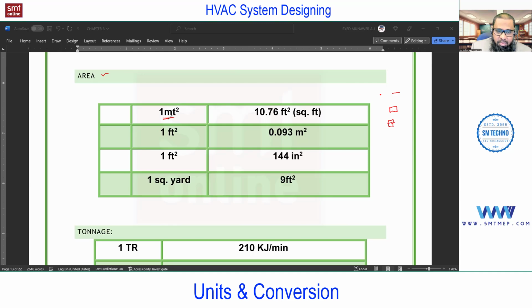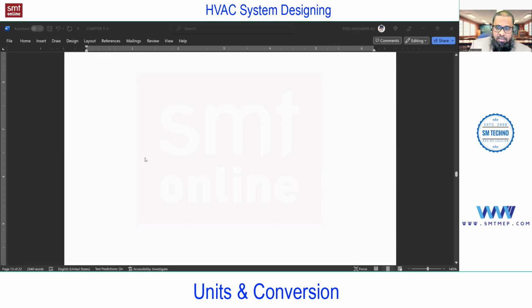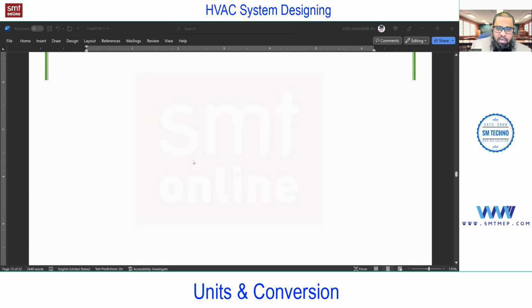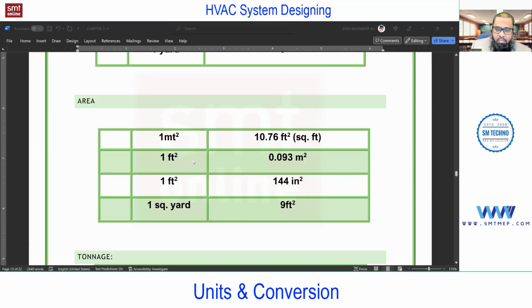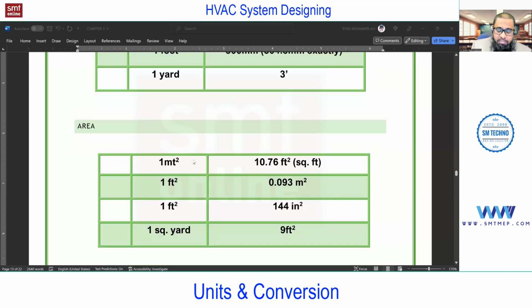So 1 square meter is 10.76 square feet. How can you visualize this? Because as I said, we are going to learn this on the application side, not just theoretical. For example, consider this side is 1 meter. 1 meter means how many feet? 3.28 feet.